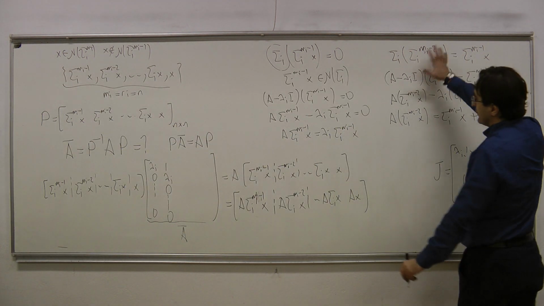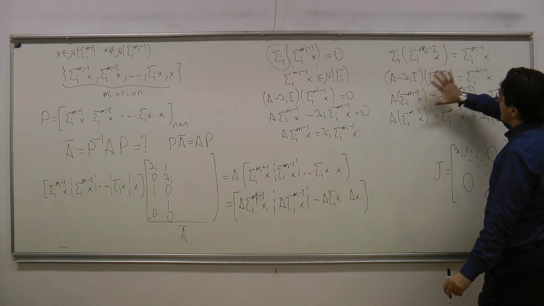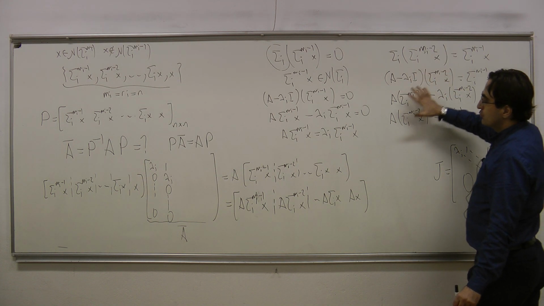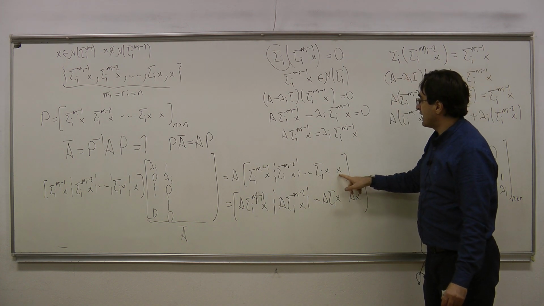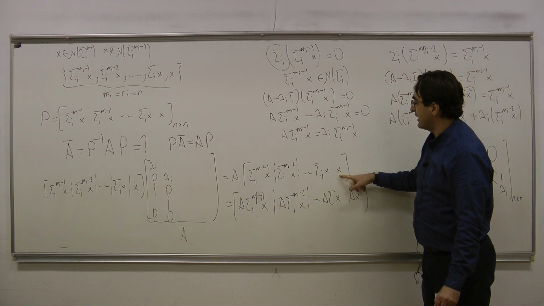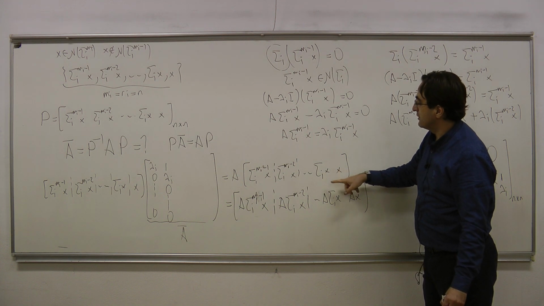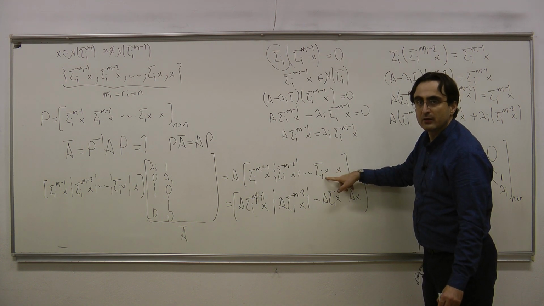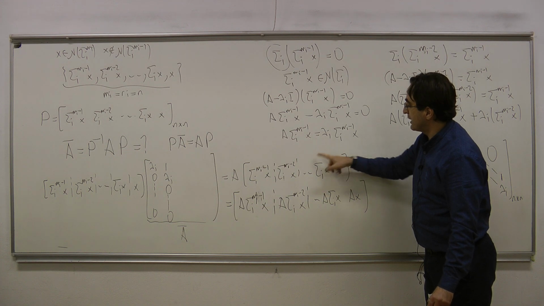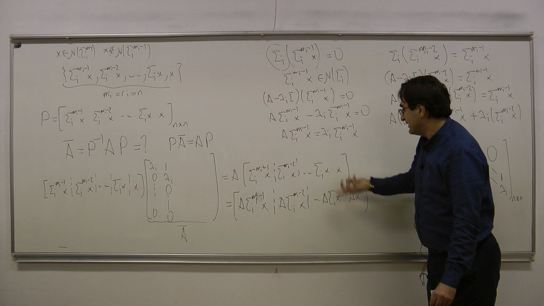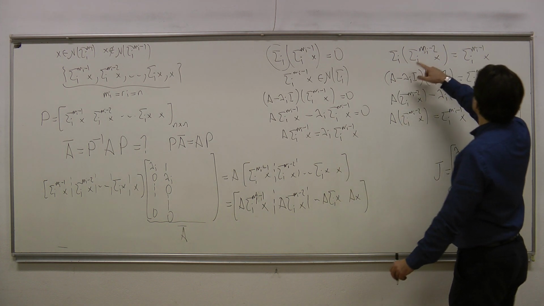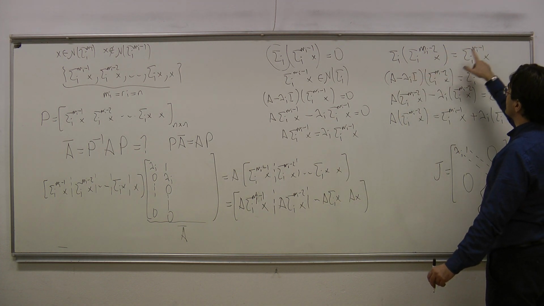And the interesting thing here is that you can apply this logic to any column here. When you multiply any column here with sigma I, you get the previous vector in the chain. All right, and then you would always satisfy this type of equation.